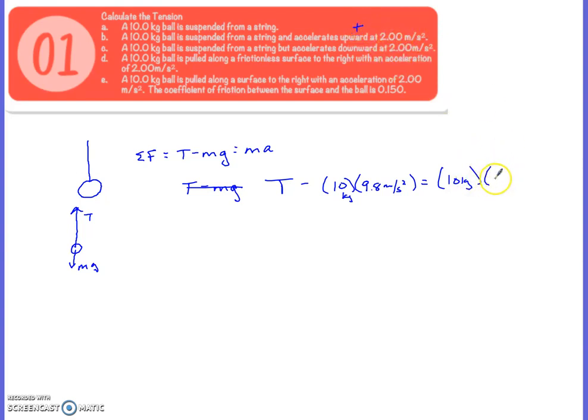Upward means positive, so positive 2 meters per second squared. So the tension minus 98, 10 times 9.8, equals 20. Add 98 to both sides. And so the tension equals 98 plus 20, which is 118 newtons.